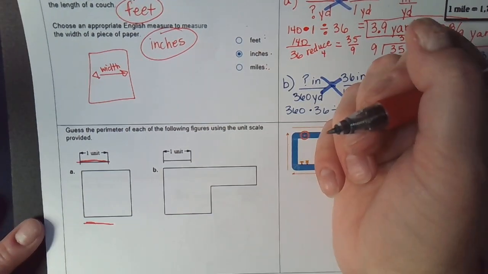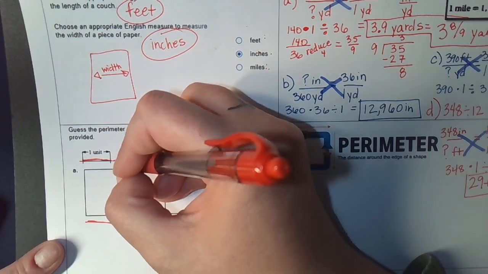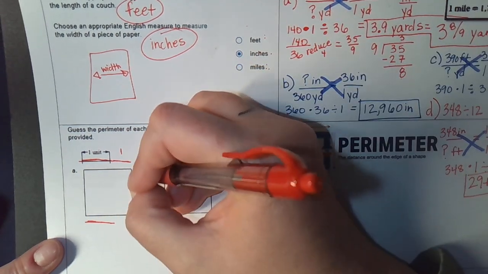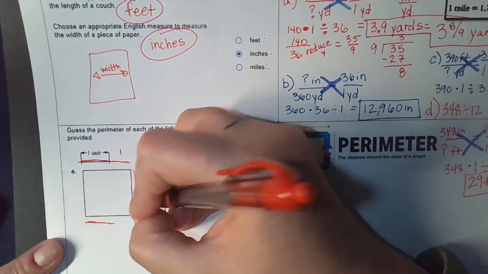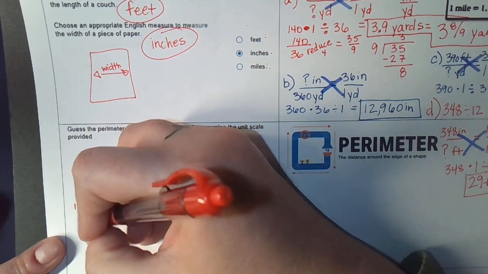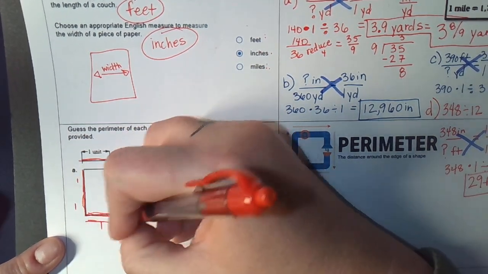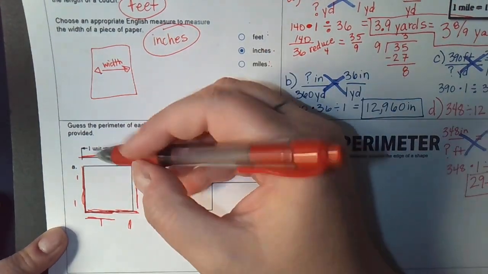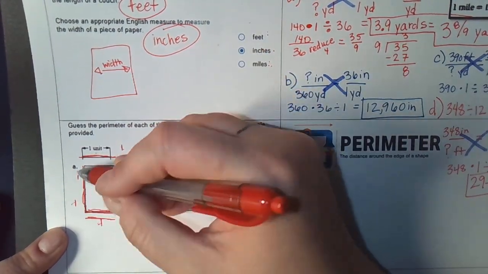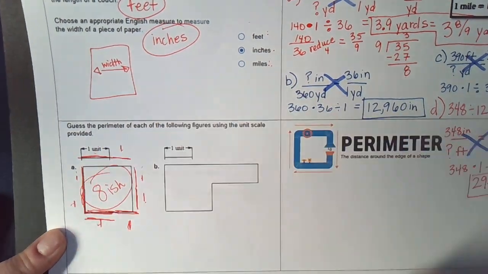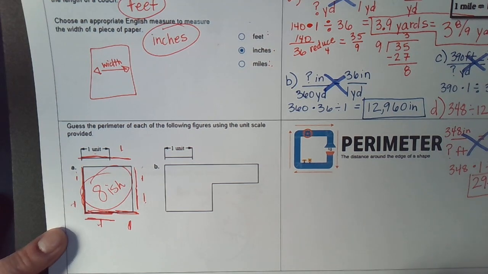Maybe this is another 1. And this is 1, and this is 1, and this length is 1, and this length is 1, and this length is 1, and this length is 1. Anyway, so if you add them up, 1, 2, 3, 4, 5, 6, 7, maybe 8-ish units. Yeah, we're kind of rounding.